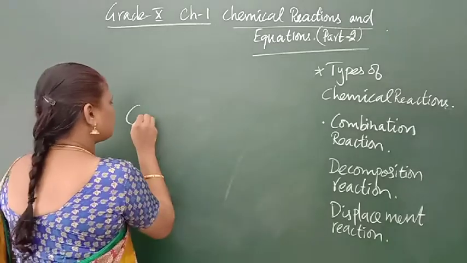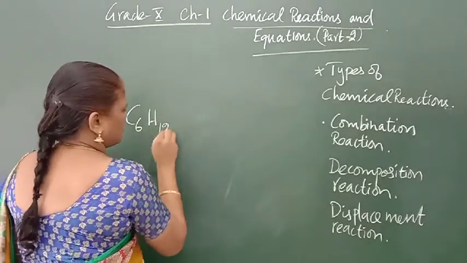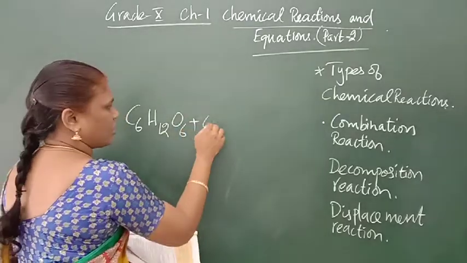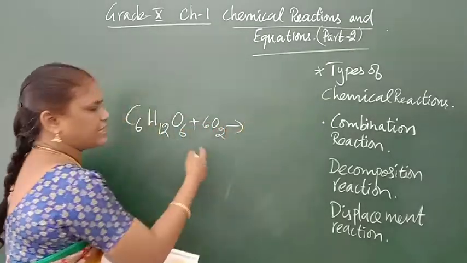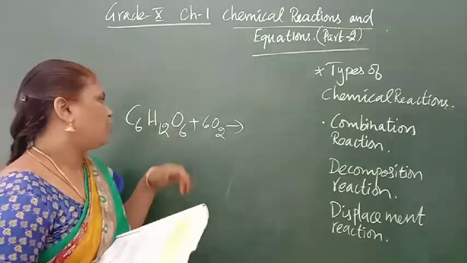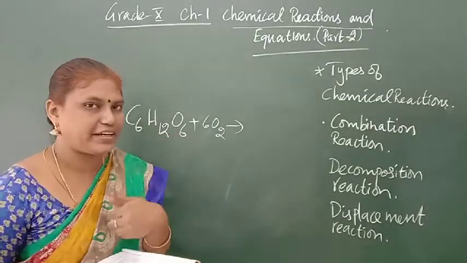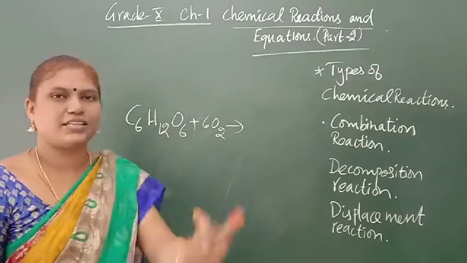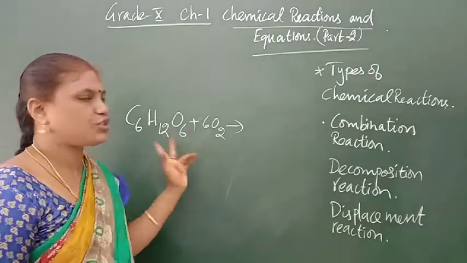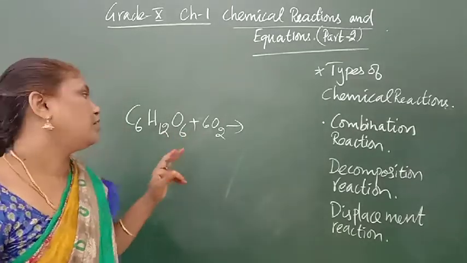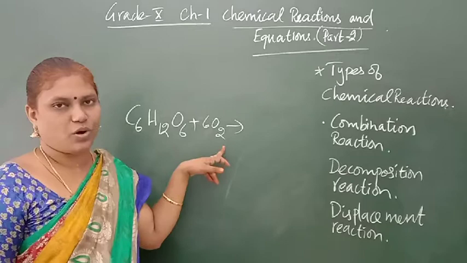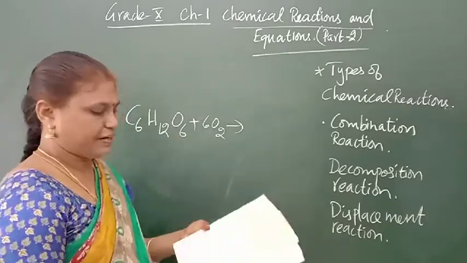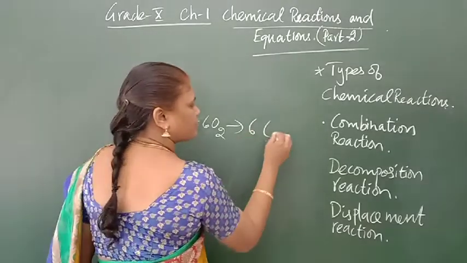For example, glucose, C6H12O6, when it reacts with oxygen, this takes place in our body. When you consume carbohydrates in food, oxygen is carried by the circulatory process. When these two combine, it undergoes combustion. So when glucose reacts with oxygen, it is called combustion, which takes place in the circulatory and respiratory systems. It gives out carbon dioxide.